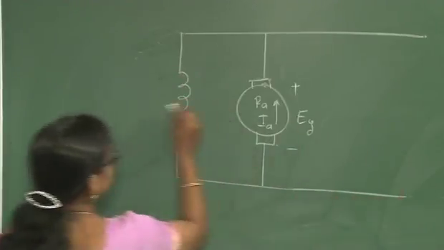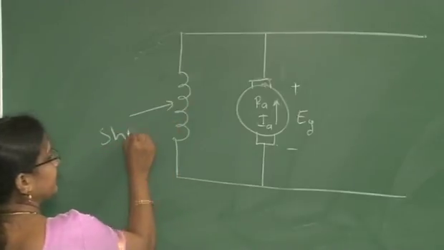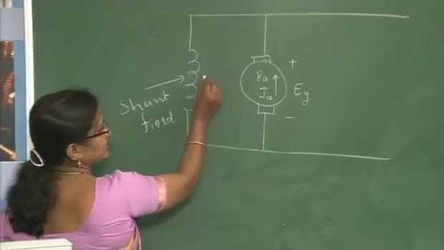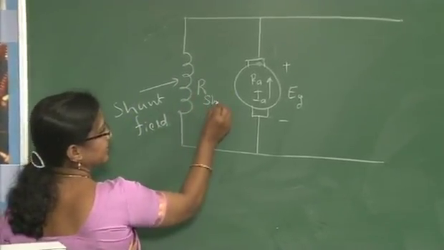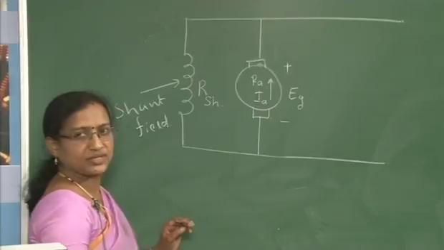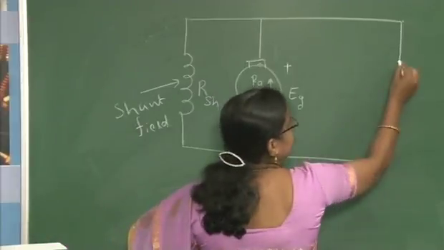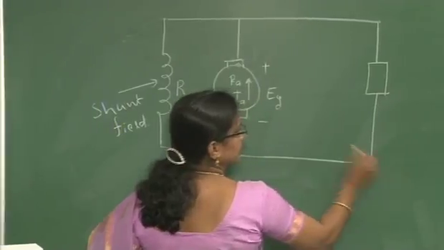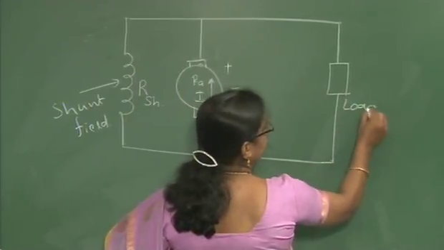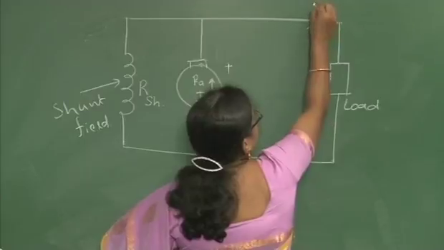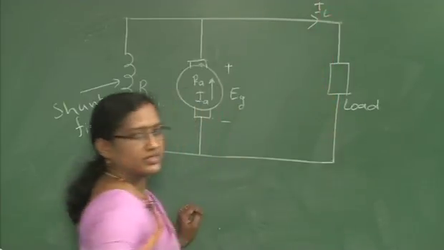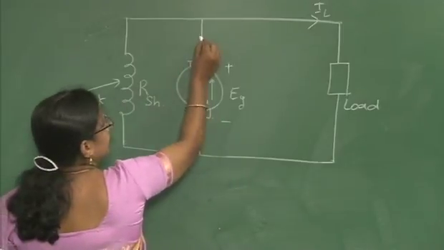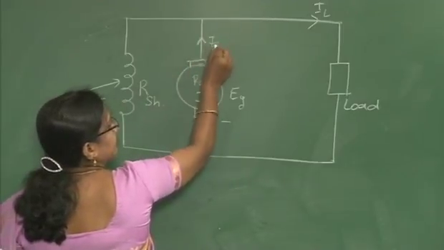This is the shunt field winding, and the resistance of this you are representing as RSH. Then when the load is connected, the circuit is closed, then the current will flow in this closed circuit, that we are going to consider as IL. Then we know that this is current IA.